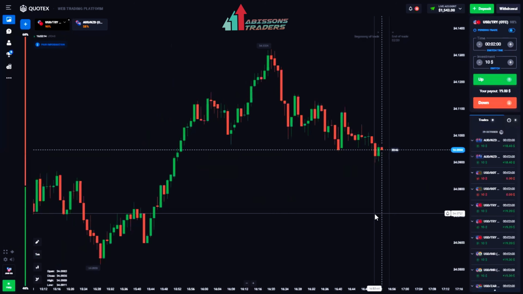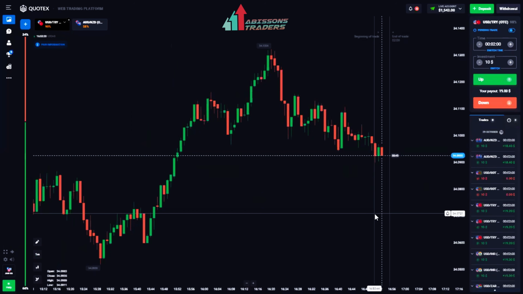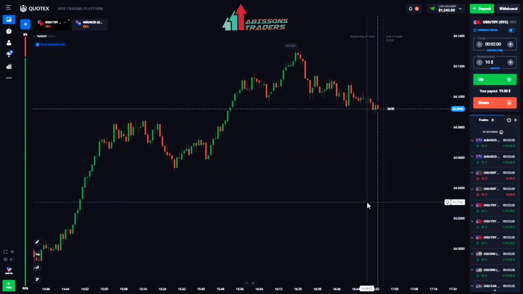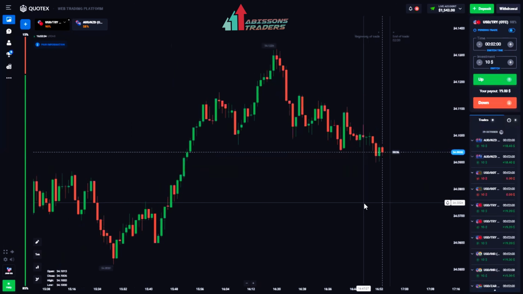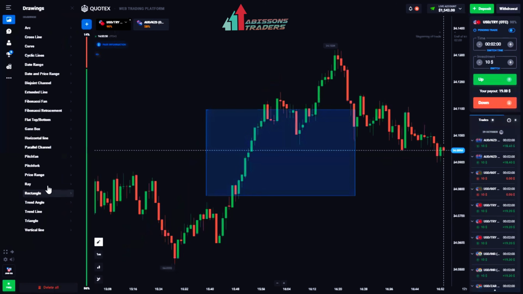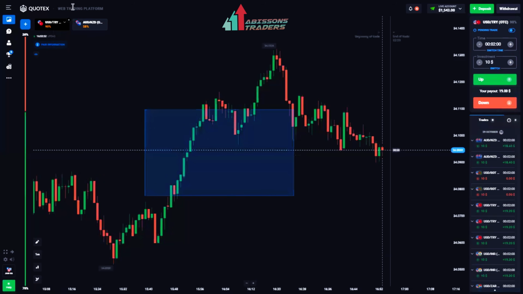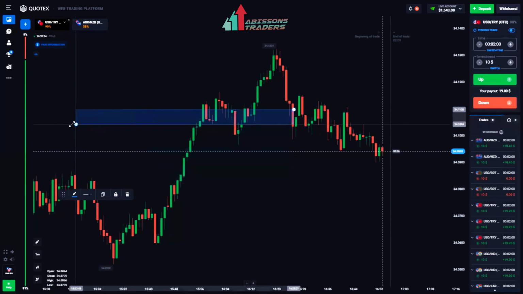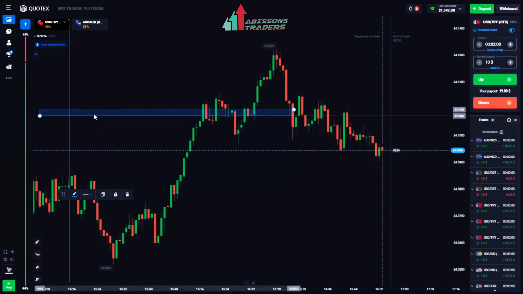So you need to focus on the wicks when you want to identify a zone, because the market reverses from the zone, all right? Yeah, so let's analyze the chart by using the candlestick wicks, all right?